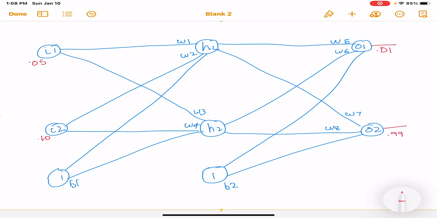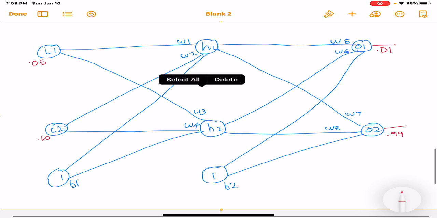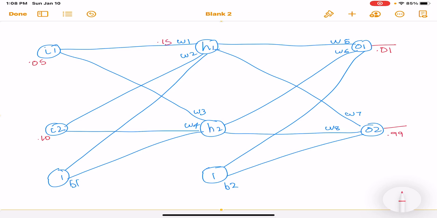Now let us go with a random initialization and say that W1 is assigned 0.15, W2 is assigned 0.20, W3 is assigned 0.25, and W4 is initialized with say 0.30.